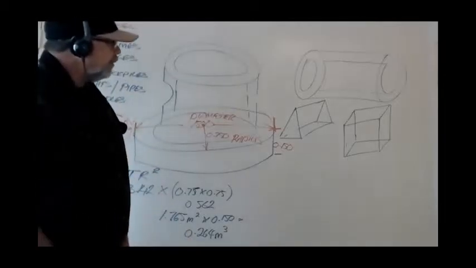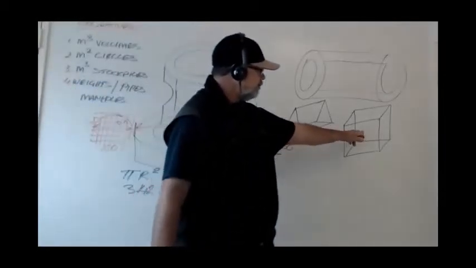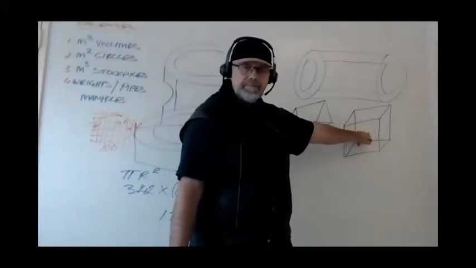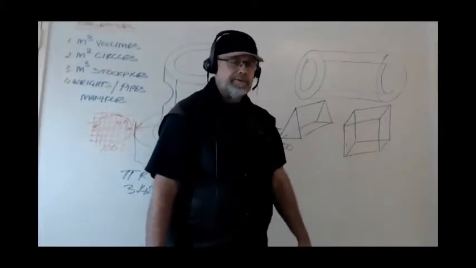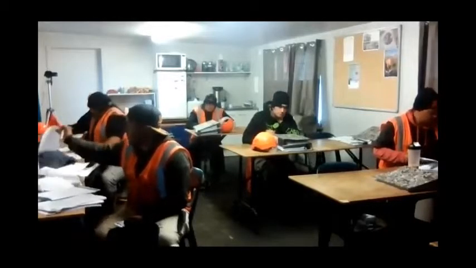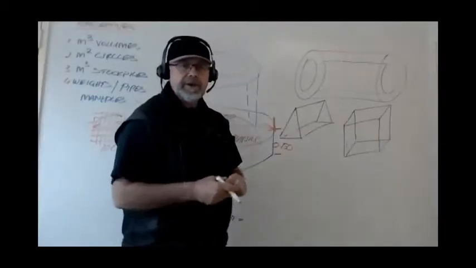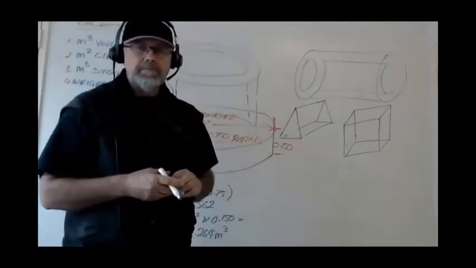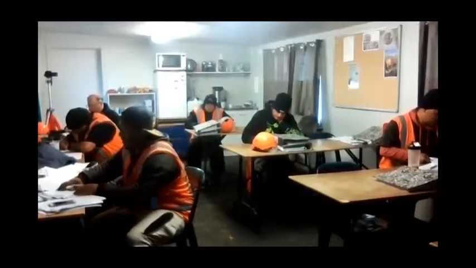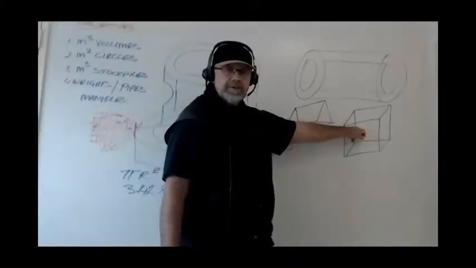So what I want you to do, can you guys draw one of these cubes for me on another bit of paper? You just get another bit of paper and draw one of these cubes up there, or just turn it over if you want. Just draw a three-dimensional cube.